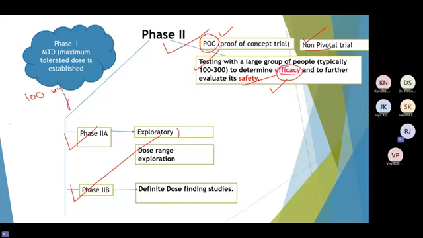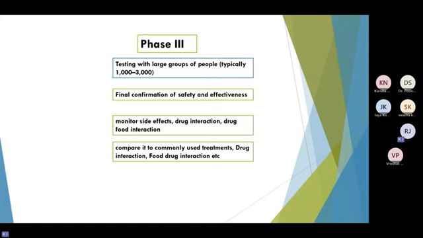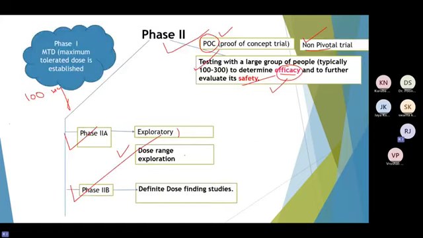We give the drug from 10 to 100 mg, and we try to see whether that dose has any effect on the illness. For example, if we are testing an anti-tumor drug, then we will give that subject 10 mg, 20 mg, 30 mg, up to 100 mg. We cannot give more than 100 mg because in phase 1 we determined that after the MTD the drug will be very toxic. That's why it is the maximum tolerated dose, right?